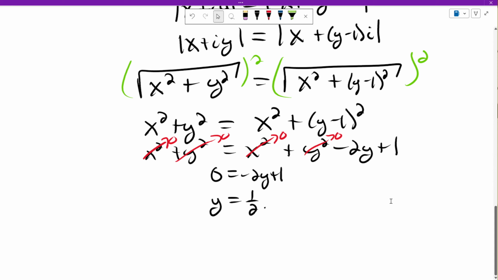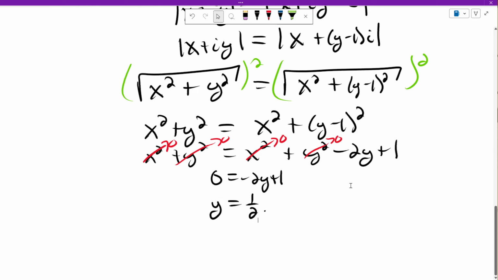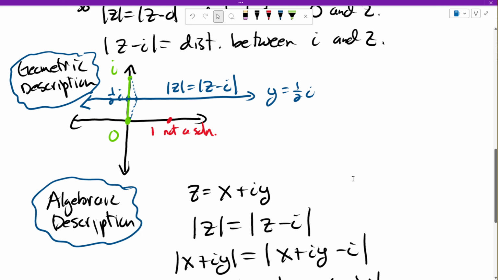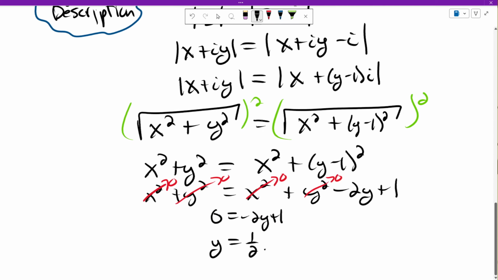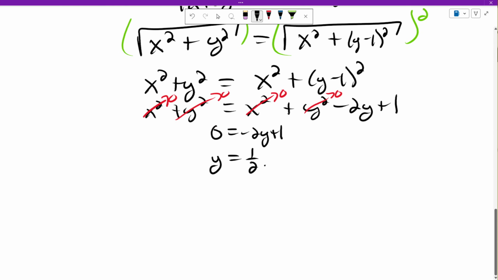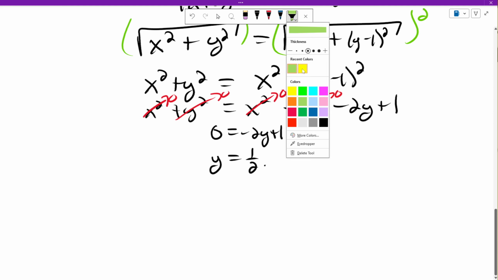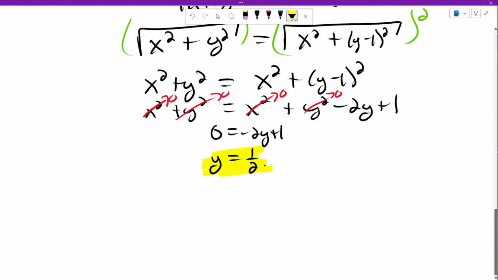And sorry, I'm realizing I made a slight notational error earlier, and that's okay. We make mistakes. It should be y is 1/2 up here. Now, of course, y is a real number. It can't be 1/2 i. So this is all points for y is 1/2. And that's what we got here for our solution as well. So we have our geometric description.